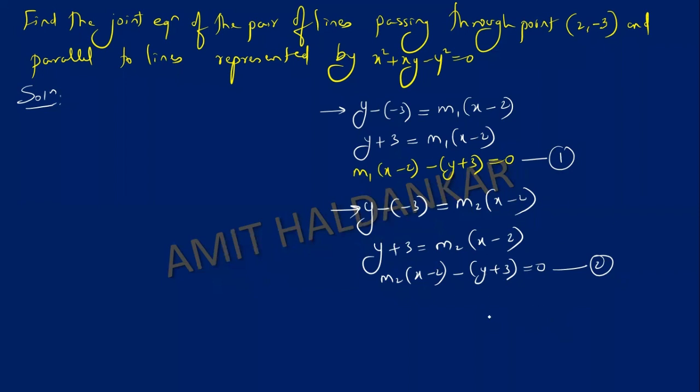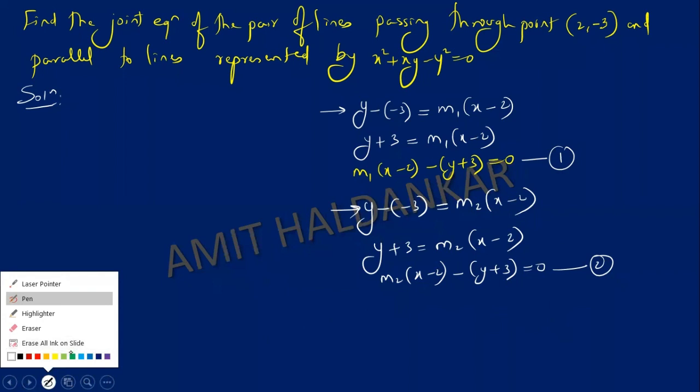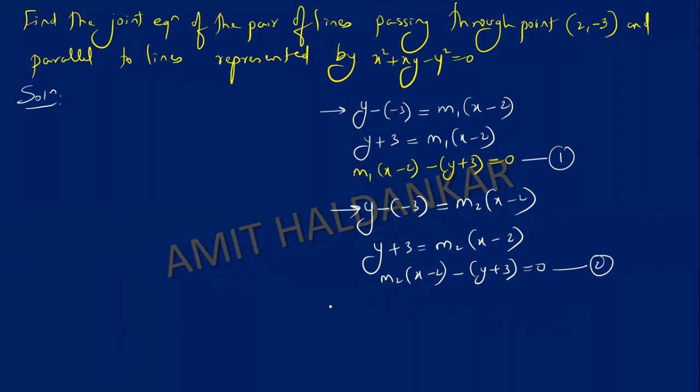So when I multiply these two equations, the joint equation will be m1 into x minus 2 minus y plus 3, into m2 into x minus 2 minus y plus 3, is equal to 0.